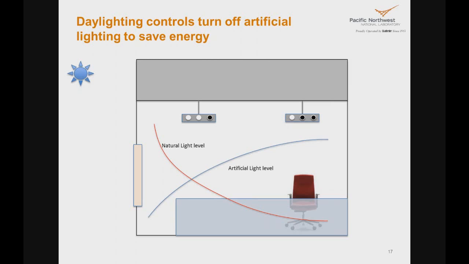With this situation, we might say that the artificial light level looks something like this. It's lower near the window and higher in the back of the room. And the total light level might look something like that, where there are some slight variations, but overall it stays above our target set point, especially if we do the daylighting design right.